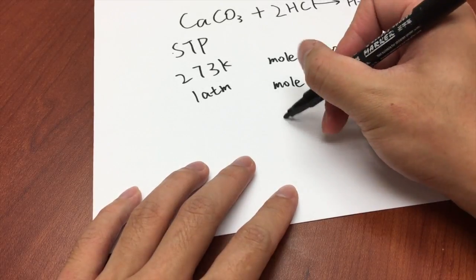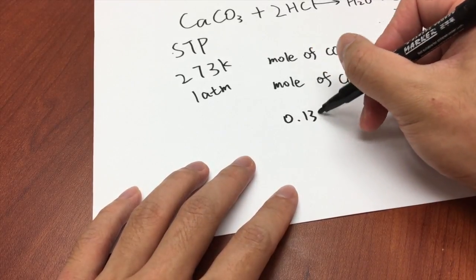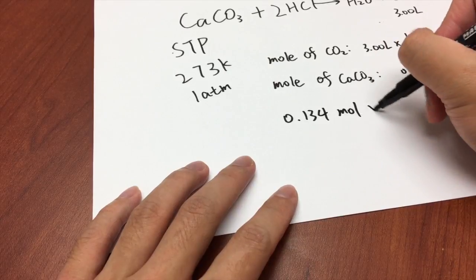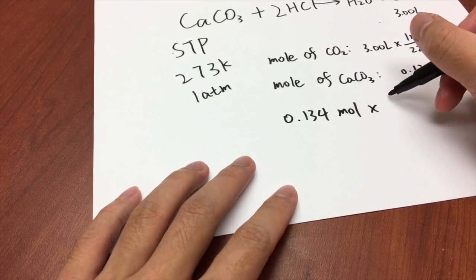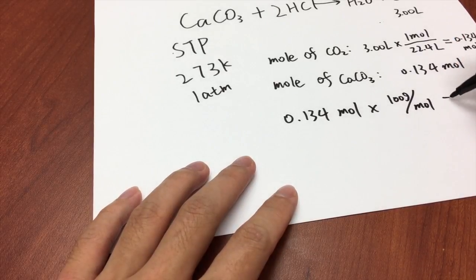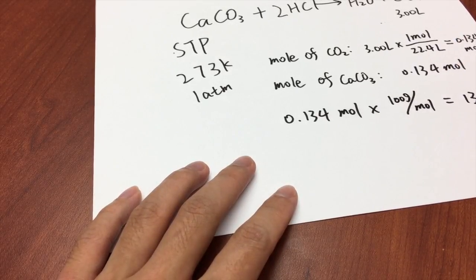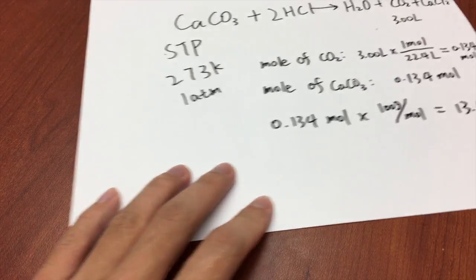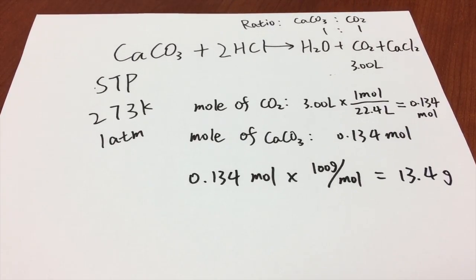Then we can get the mass of CaCO3. So 0.134 mole times 100 grams per mole is equal to 13.4 grams.